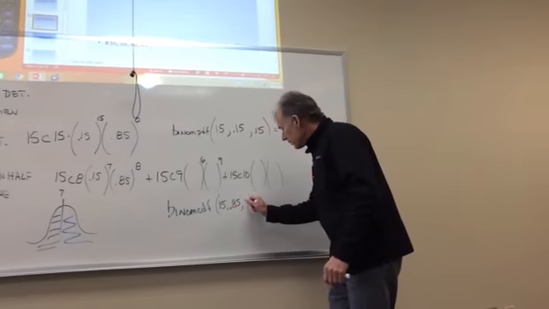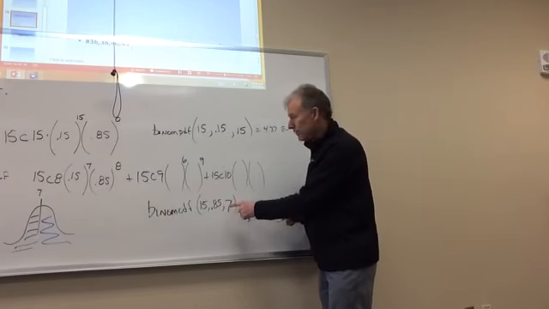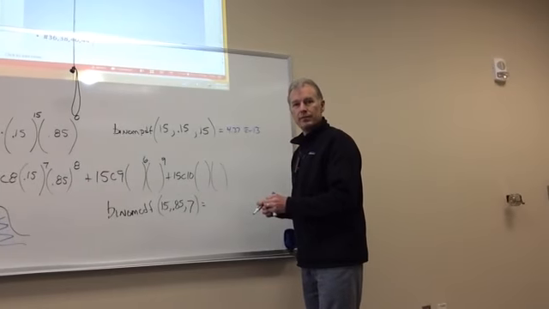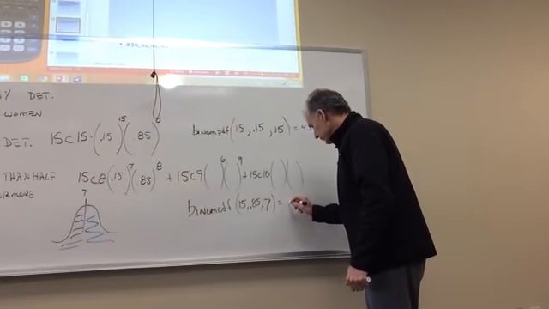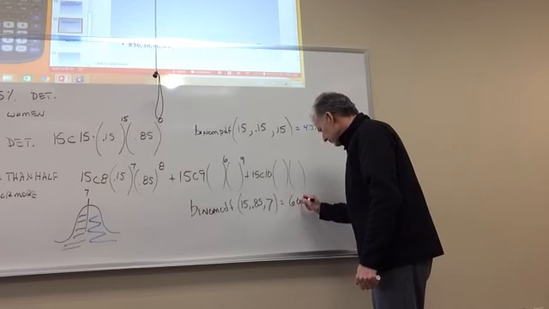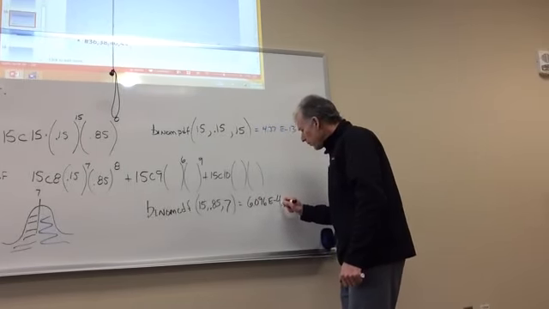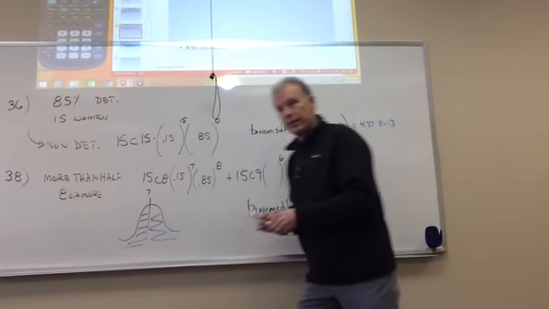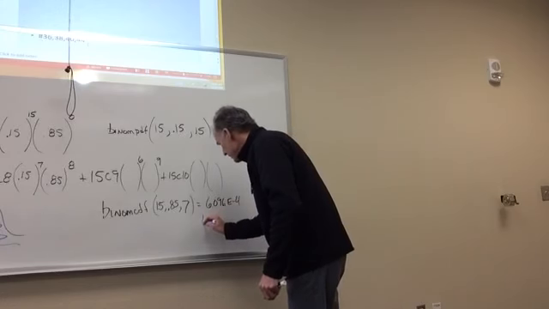Is everyone okay with why we're using 7, not 8? All right? And if you do that, what do we get? 6.096 times 10 to the negative 4. To the negative 4, you said? Yes. Okay. And now to get what we really want, in blue here, we go 1 minus this answer.